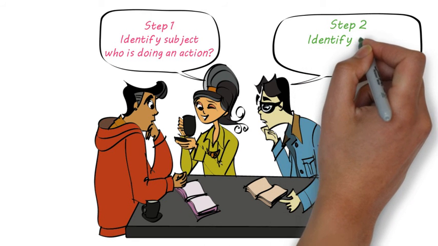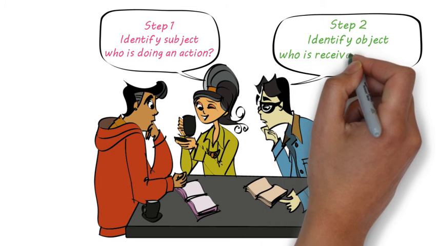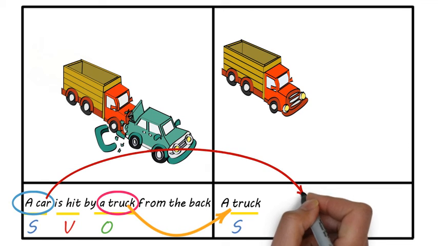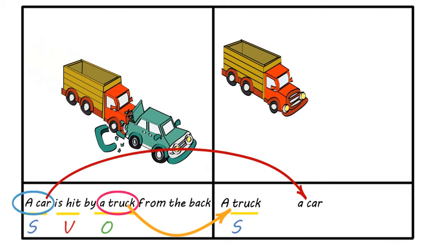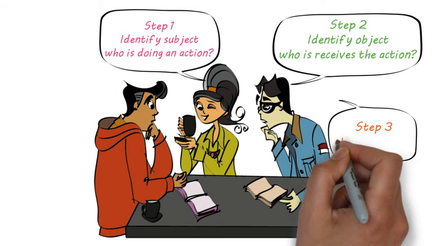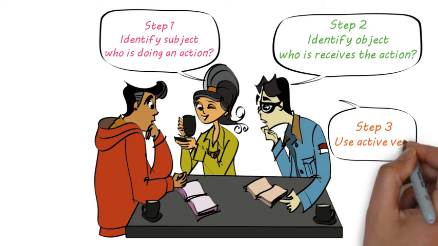Step 2. Identify the object of the sentence, who receives the action. The car is the object of the active sentence because the car received the action. Step 3. Use active verb.